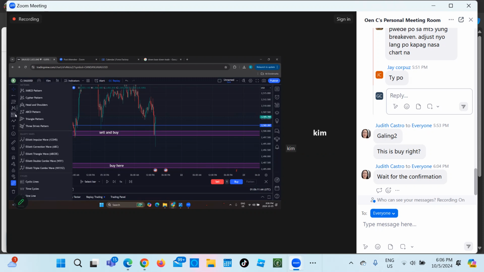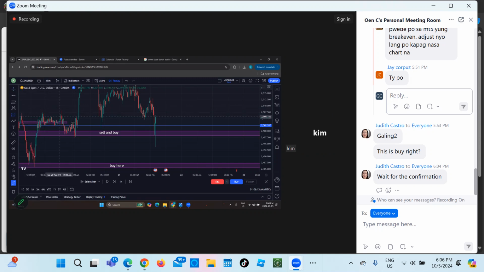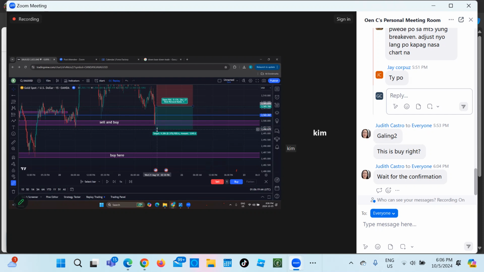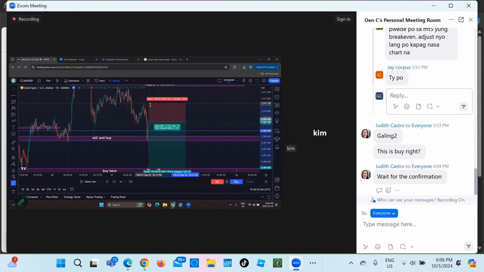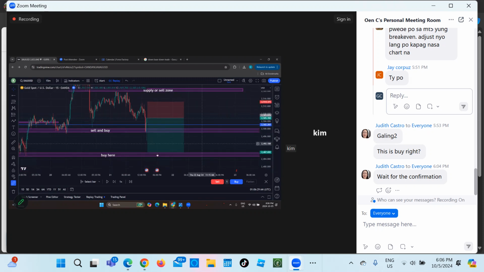I would place my short position around this area all the way down here. Place my stop loss around here. Let's see how it plays.